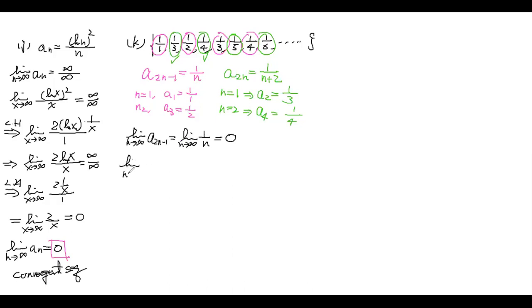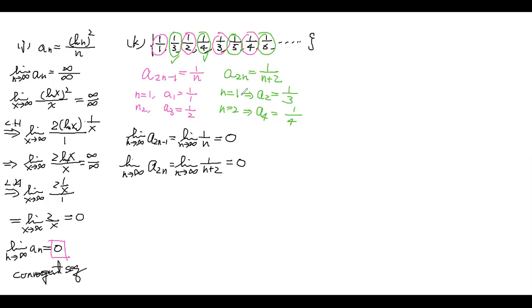So limit as n approaches infinity of a_(2n). What is this one? It's the limit of 1 over n plus 2. When n approaches infinity, the denominator becomes very big, so it's still equal to 0.